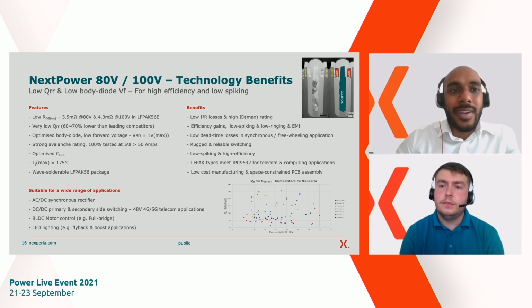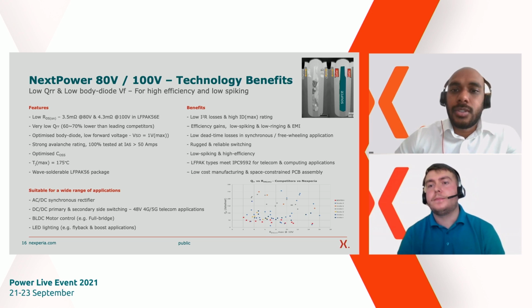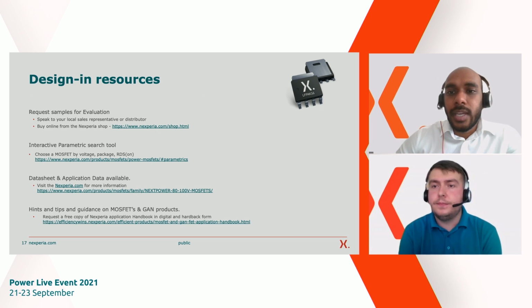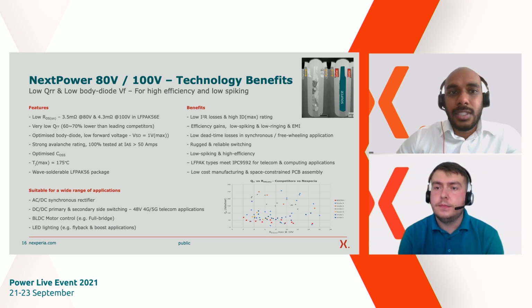And we also offer a very low QRR. As you can see from the graph over here, it's about 60 to 70% lower than leading competitors. And as Richard explained in his benchmarking, this not only results in increased efficiency, but it also results in low spiking and low ringing and eventually a better EMI profile.